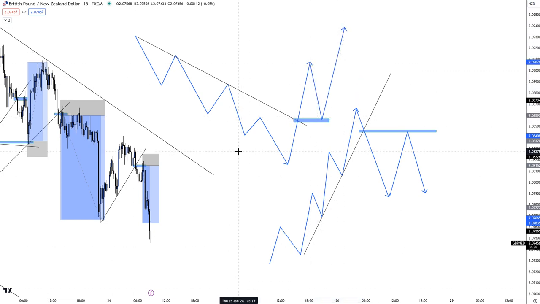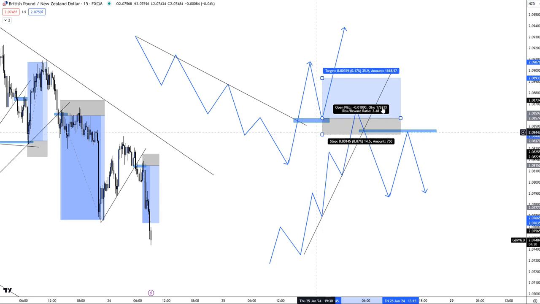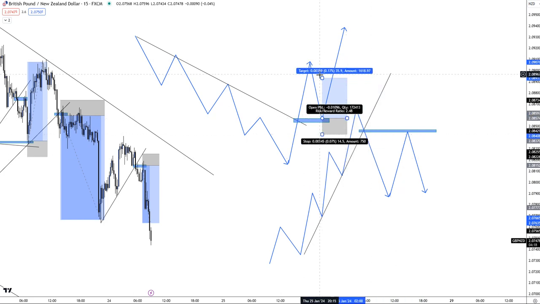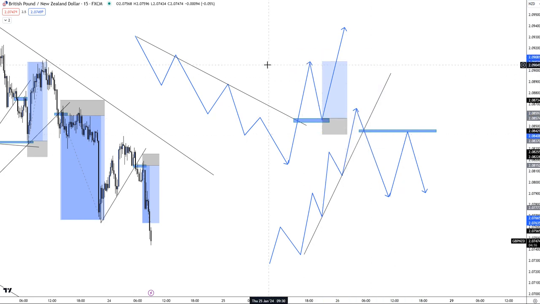All we would then do is, there's a few confirmation entries that you can use. You could use a pending order, where you would basically just set an order, set your stop loss below the area, and aim for the high as your first TP.